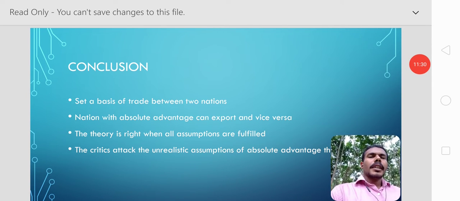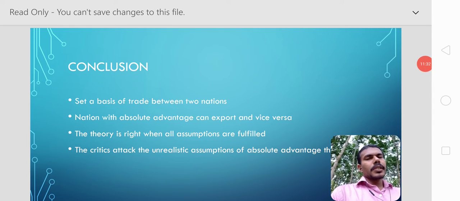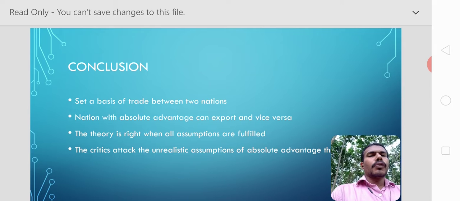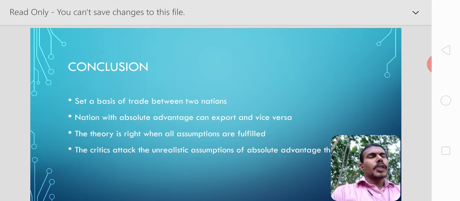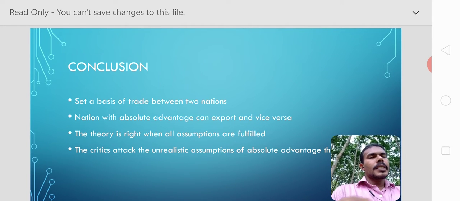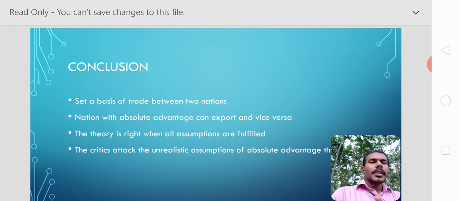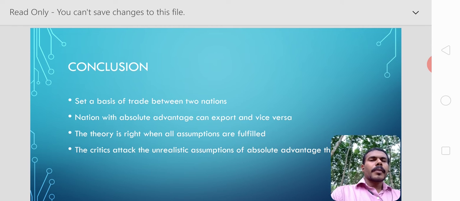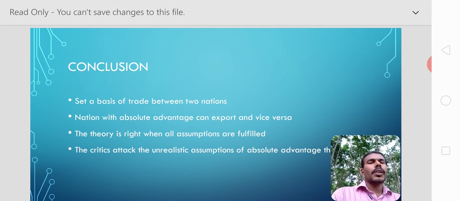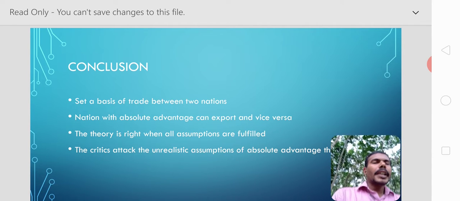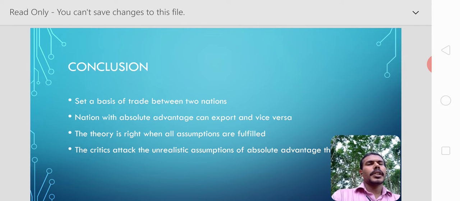So with that, let me brief the presentation. International trade theory put forward by Adam Smith, the absolute advantage theory, has set a basis of trade between two nations. He has set the basis of gainful trade, or he explains why trade happens between two nations.